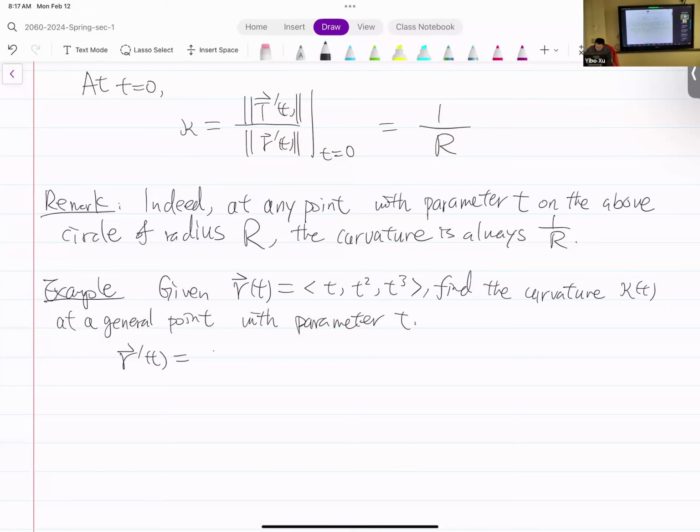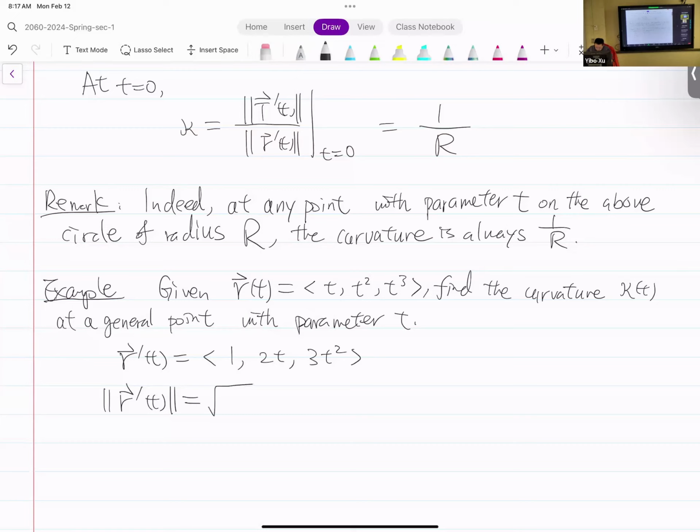So the component-wise derivative, right? r prime: t gives you just 1, t squared gives you 2t, t cubed gives you 3t squared. These are all just the power rules of derivatives. And now remember that we need to calculate the magnitude of r prime.